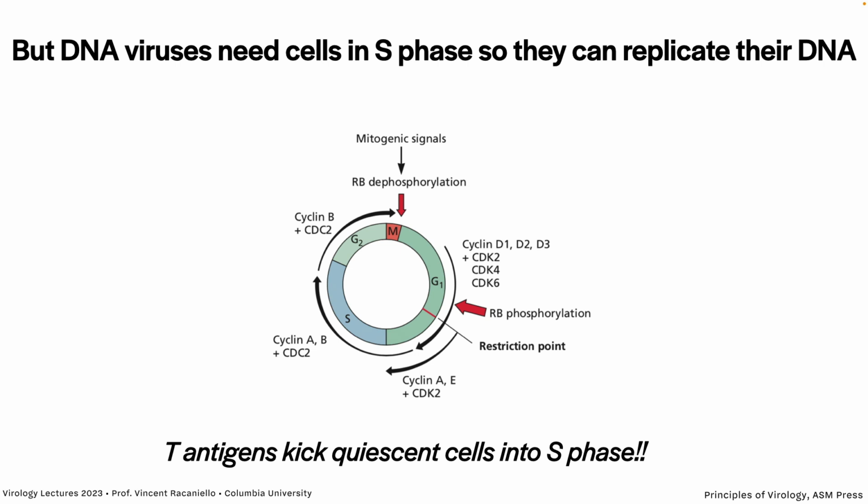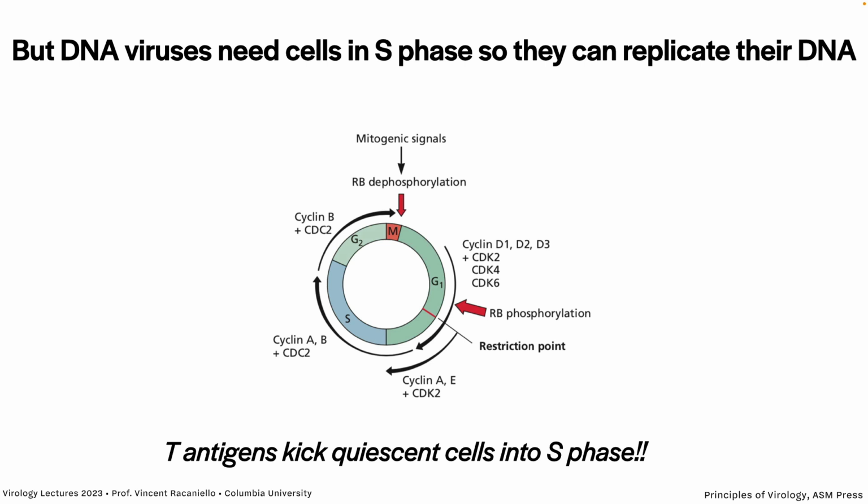So what does it have to do with viruses? Well, remember, viruses, especially DNA viruses, have to have dividing cells in order to replicate their DNA, especially the viruses with small genomes. They don't encode a complete DNA synthesis machinery. So when they get into a quiescent cell, they have to make it divide. And how do they do that?